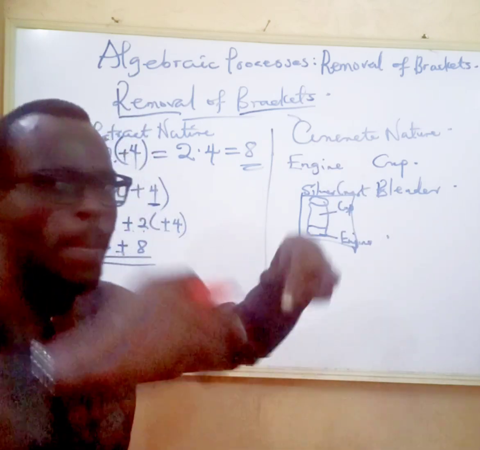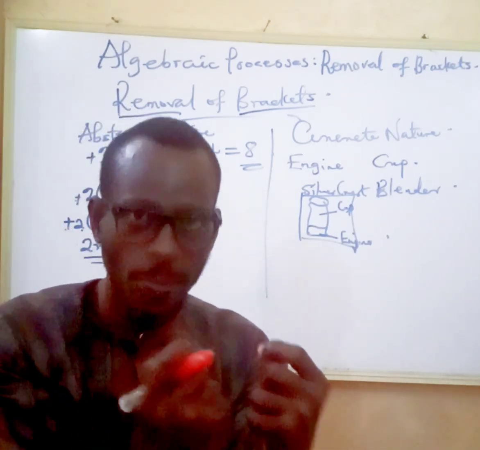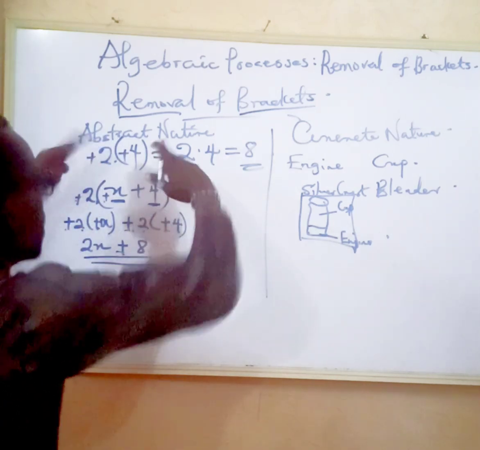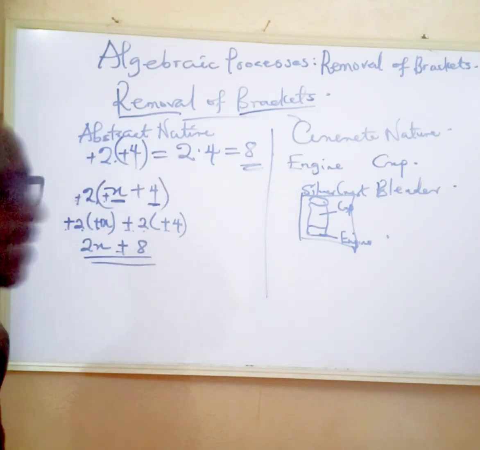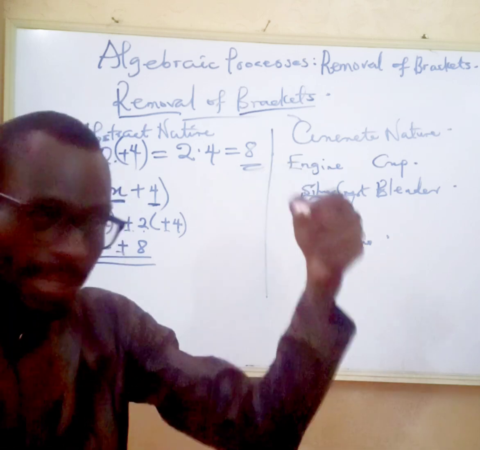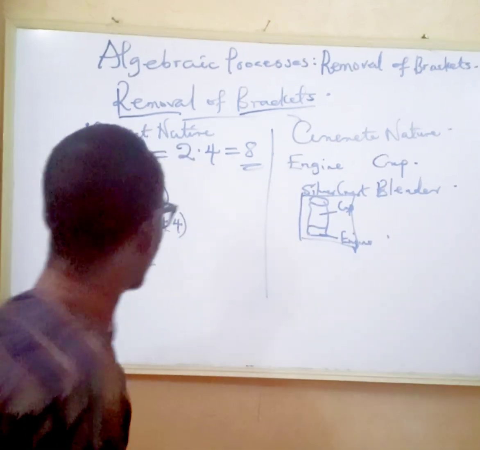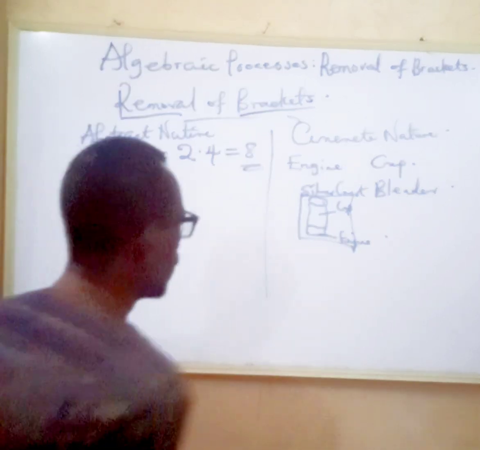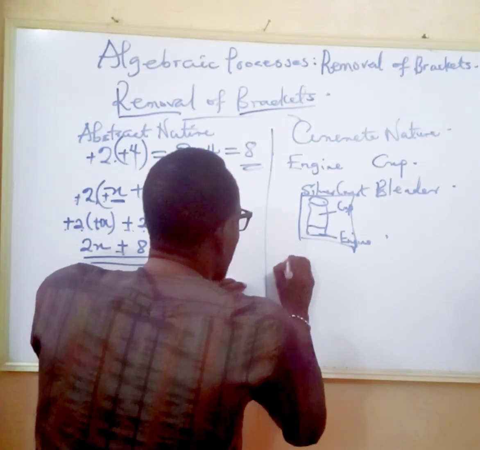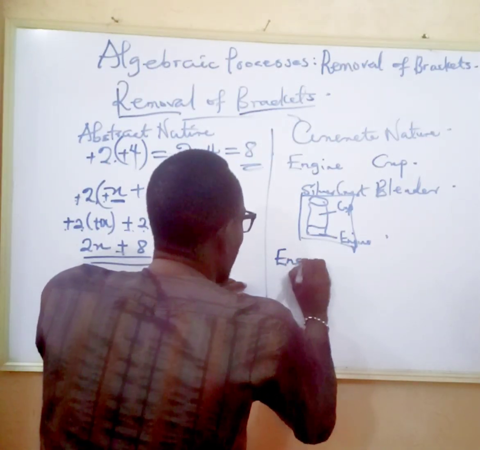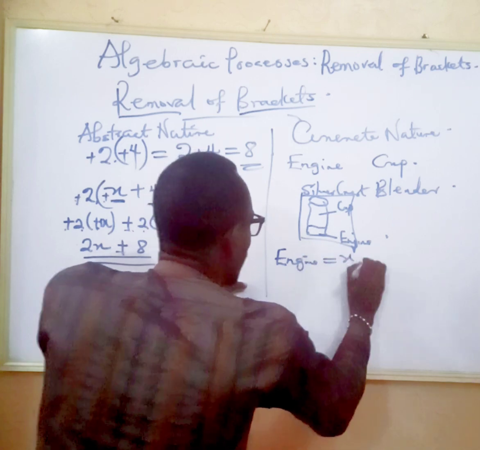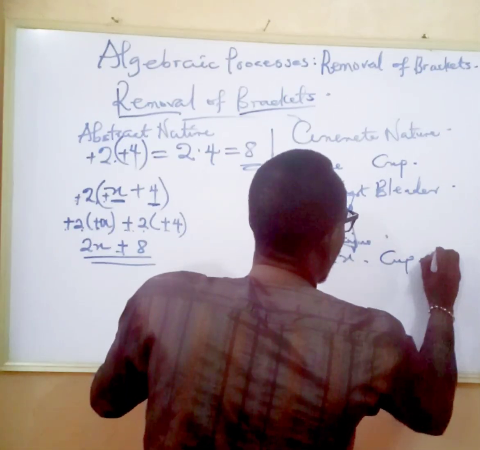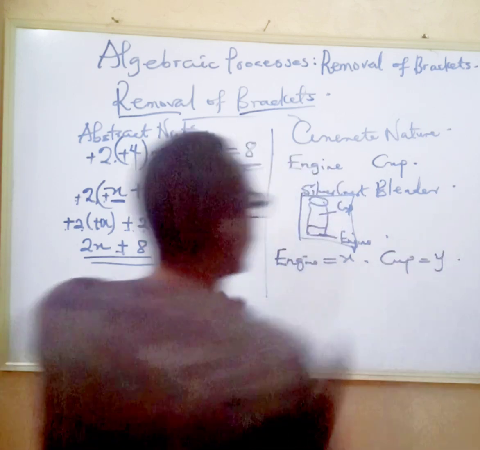That pack simply means it's in a confined space, which is the same thing as x plus 4 being in a confined space. And we have two entities there. We have the engine, we also have the cup. Let's assume the engine is s, and the cup is y.